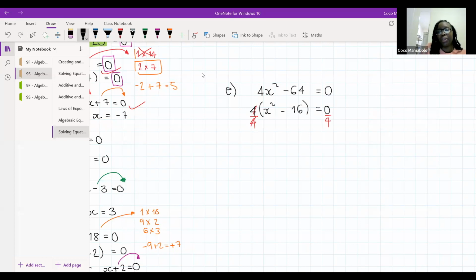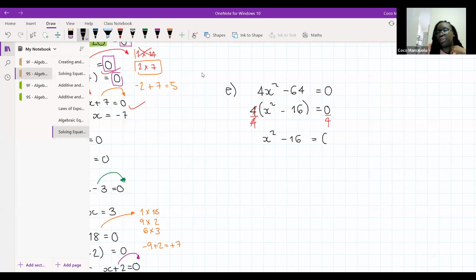So I will end up with x squared minus 16 is equal to what? 0 divided by 4, Chief? What's 0 divided by 4? Okay, it's 0.